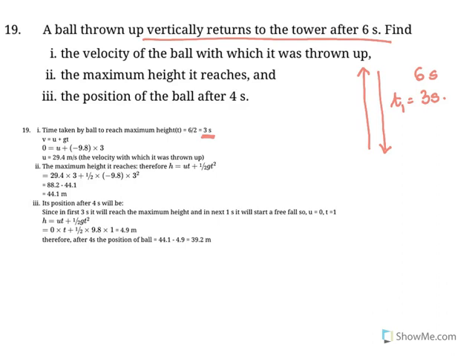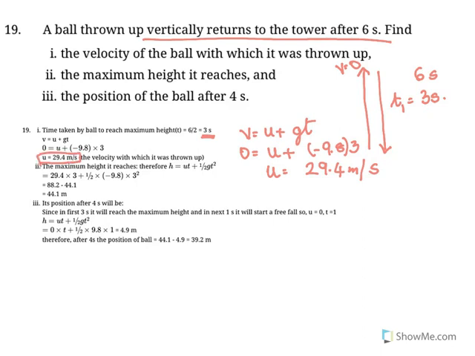And it is first thrown up, so we take v equal to 0. So we use the formula v equal to u plus gt. This is 0, this is u, g is minus 9.8, and this is 3. So on working this, you get your u as 29.4 meters per second. So here is the u.